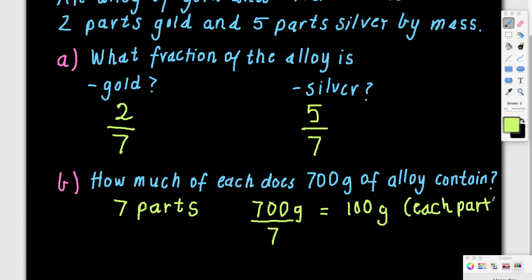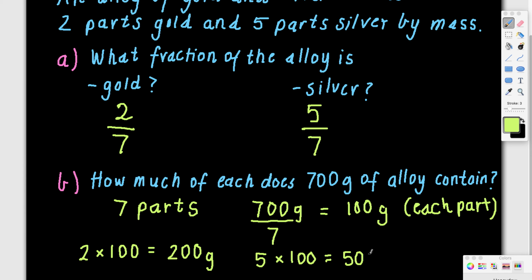So we do need to know how much each part is, because we know that 2 parts have to be gold. So 2 of the parts, so 2 by 100, will give us 200 grams must be gold. And that means that 5 parts, so 5 by 100, is silver, so we have 500 grams.